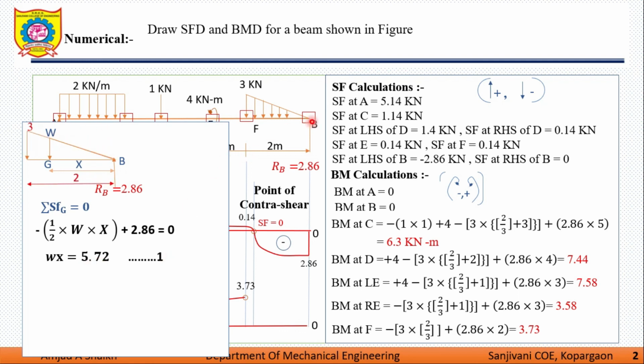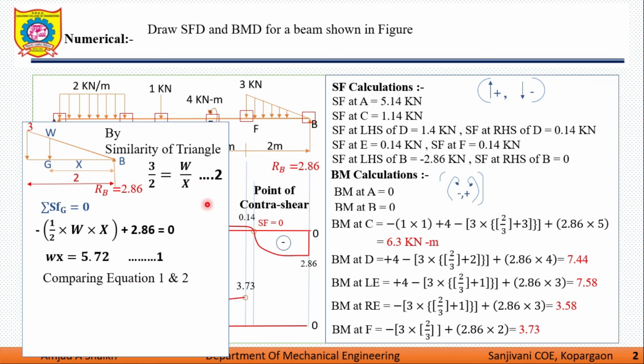Next, I am just taking this triangle of 2 meter base and 3 meter height over here. So I use the similarity of triangle method to determine the value of W in terms of X. So 3 by 2 is equal to W by X. You can write that as equation number 2.